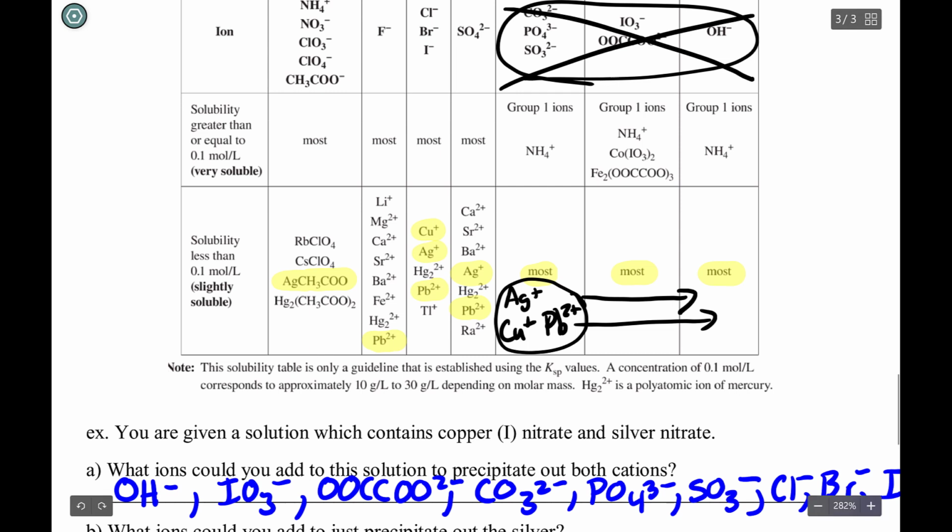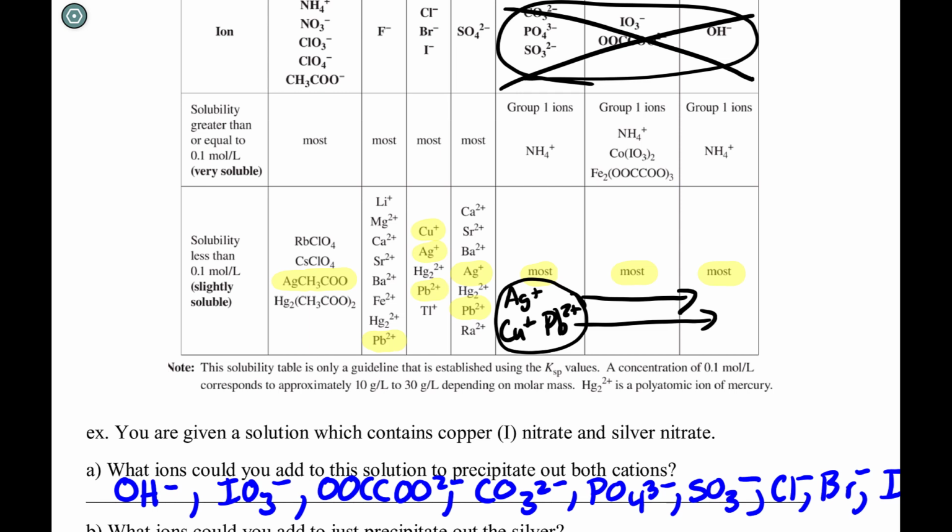Now, as I move across, I actually have two ways I could start this off. If I had a solution that had fluoride in it and I added it to my beaker, it would only take out lead, which means I would have selectively precipitated out the lead, and the silver and copper 1 would still be in solution.